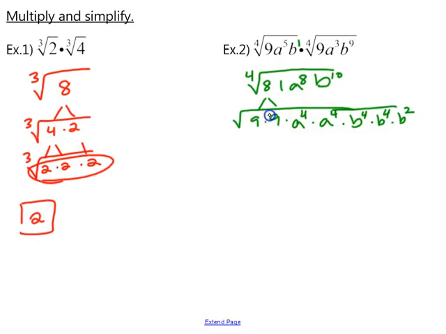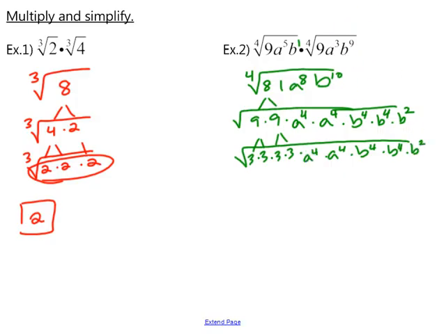Now we need to keep breaking down our 9's. So 9 is equal to 3 times 3, and then this 9 is equal to 3 times 3. And then of course we have our a to the 4th times a to the 4th times b to the 4th times b to the 4th times b squared.